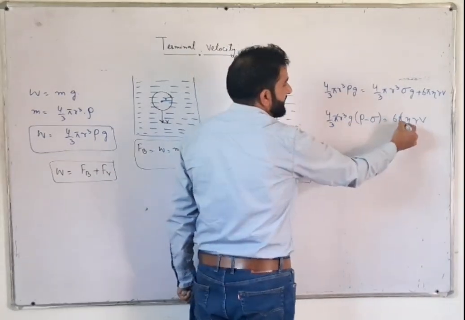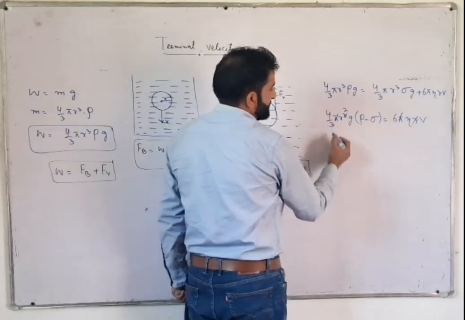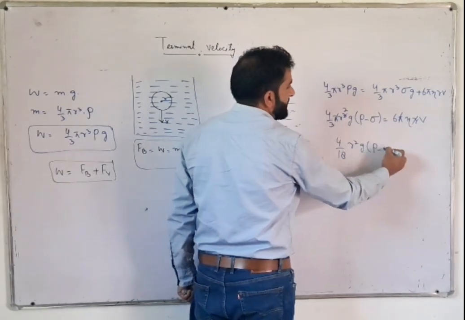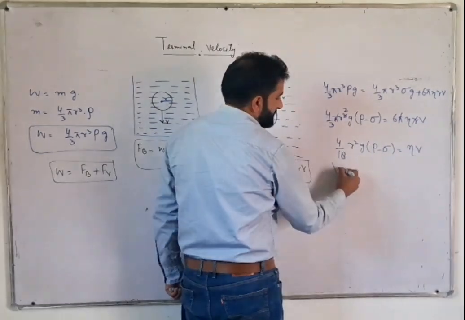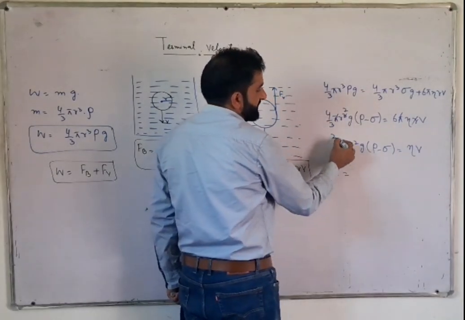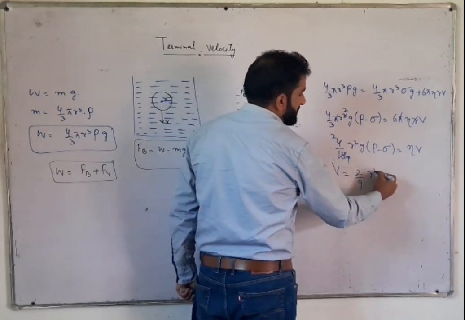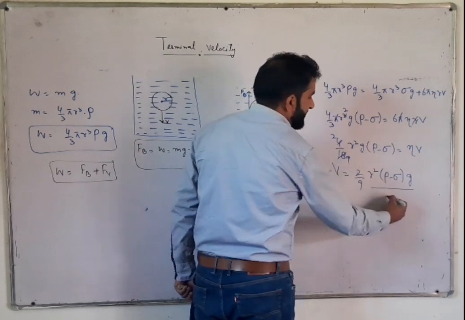Now this pi and pi get cancelled, 1 r and 1 r get cancelled, giving us 2. So this is equal to 4 by 18 into r square into g into rho minus sigma equal to eta into v. So the terminal velocity equals, dividing, 2 by 9 into r square into rho minus sigma into g divided by eta.